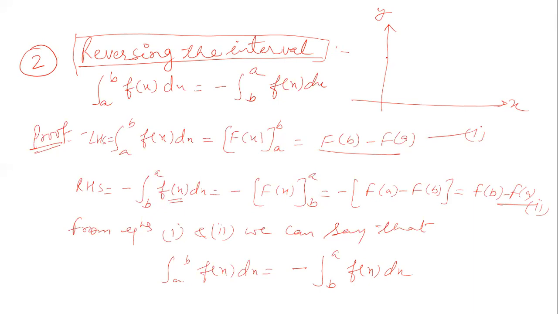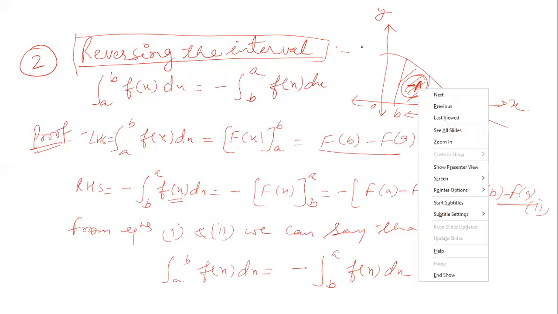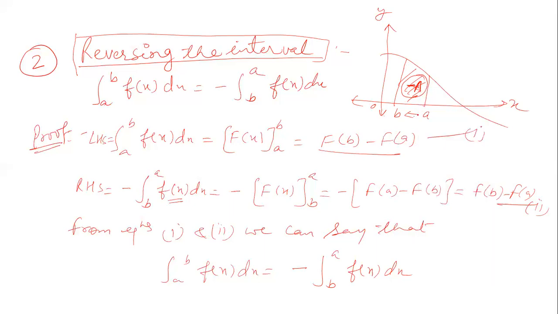Suppose I take any graph like this, and this is the origin, and this area. If I'm taking A to B, then it will be positive A, and if I take B to A, reversing its limits, then it will become minus of A.